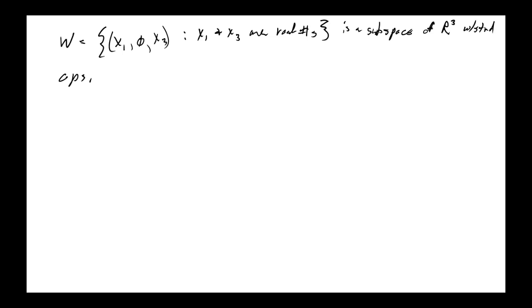And for every u in V, there's a vector negative u, which would be negative x1, 0, negative x3, which is in the space, and it operates as it's supposed to. Scalar multiplication, Cu is in this, we already mentioned that one.